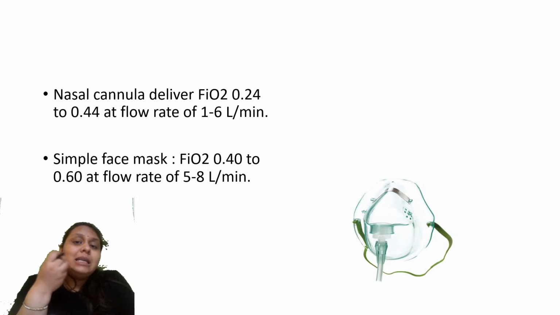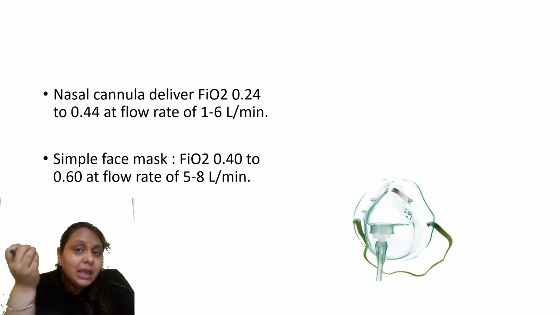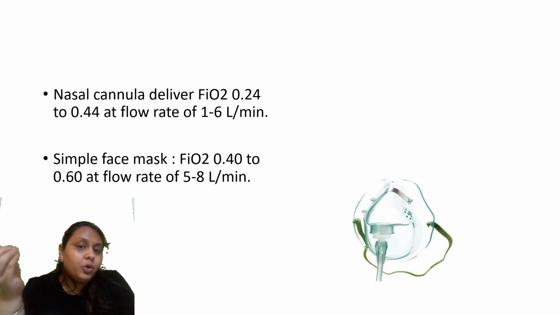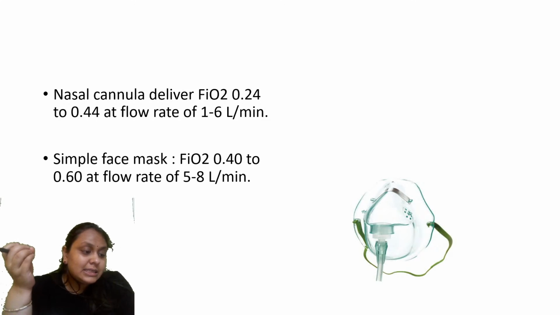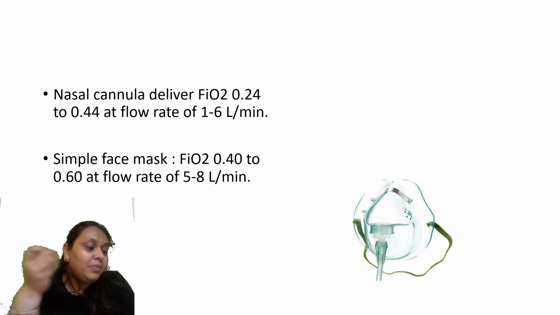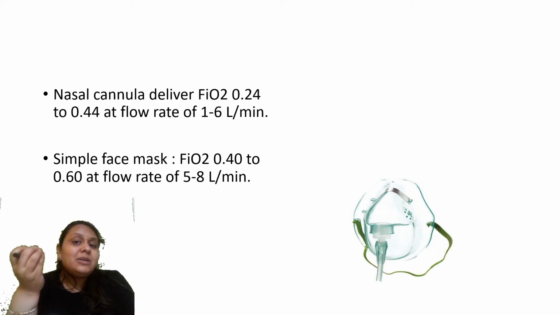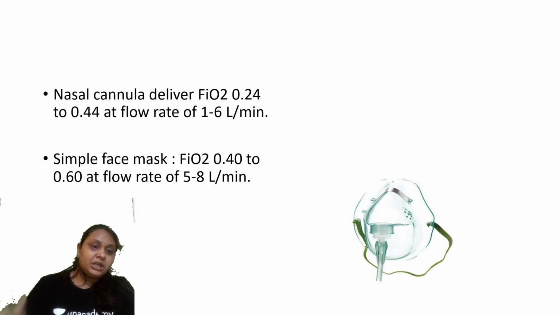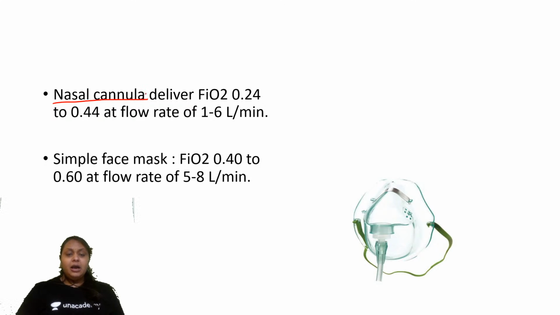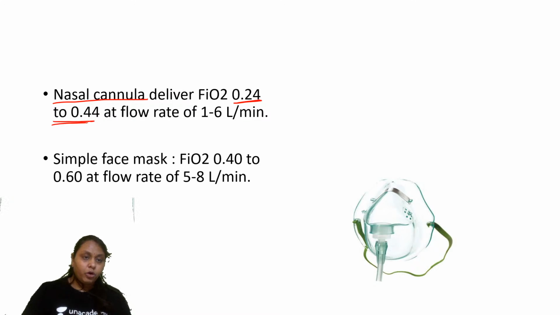The FiO2 generated depends on the patient's respiratory rate and tidal volume, so it is variable. It can deliver 0.24 to 0.44 FiO2 at a flow rate of 1 to 6 liters per minute.